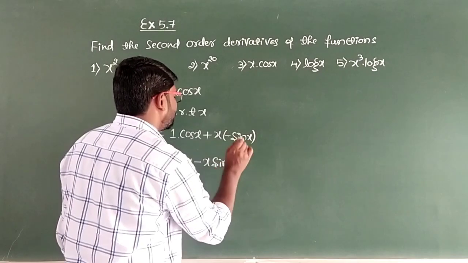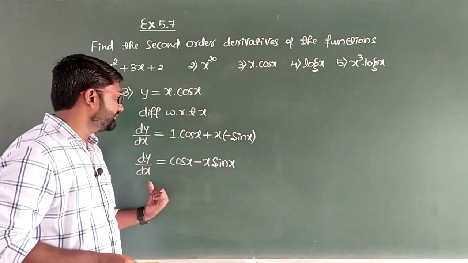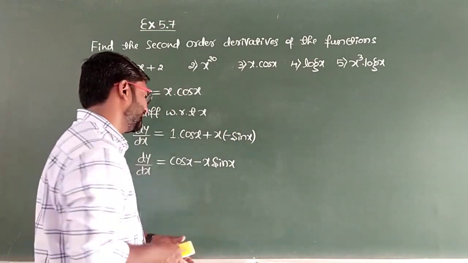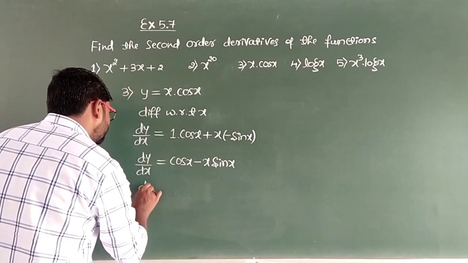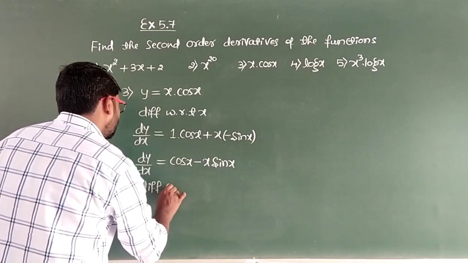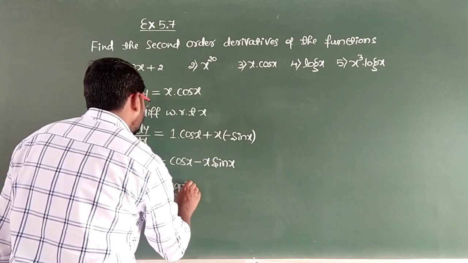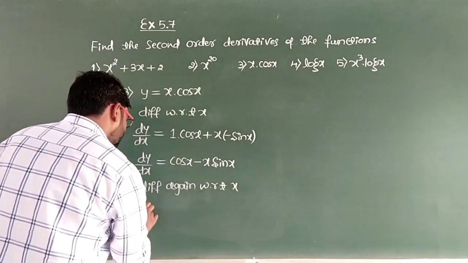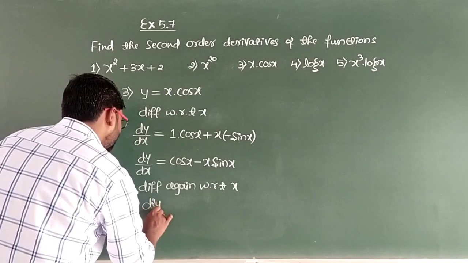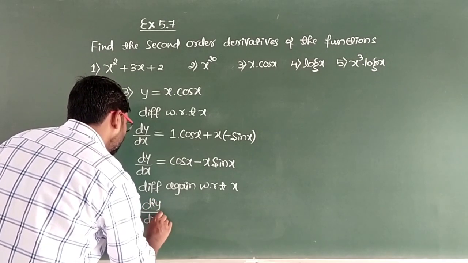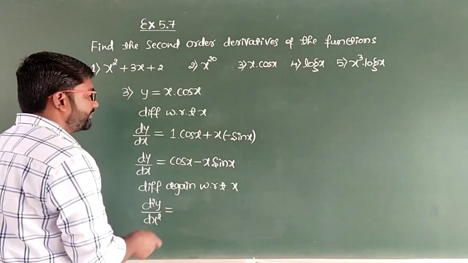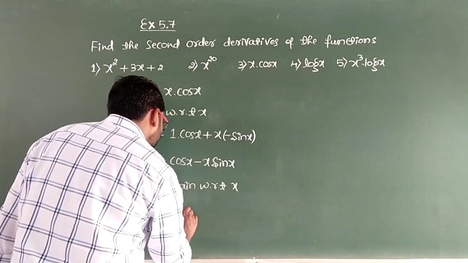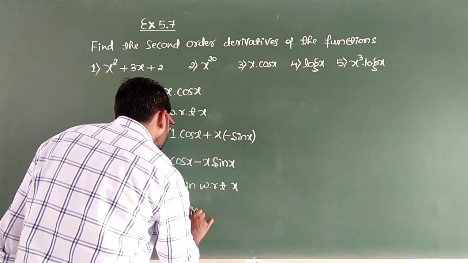So this is the first order derivative. Once again we will have to differentiate both the sides with respect to x. So differentiate again with respect to x. So we get d square y by dx square, which is equal to derivative of cos x, it will be minus sin x.